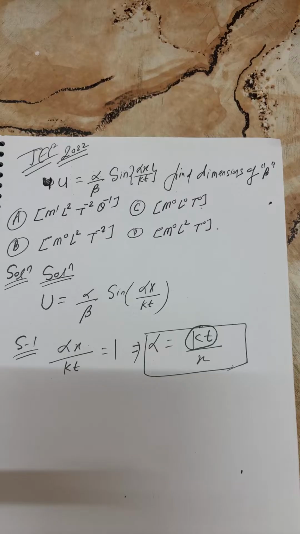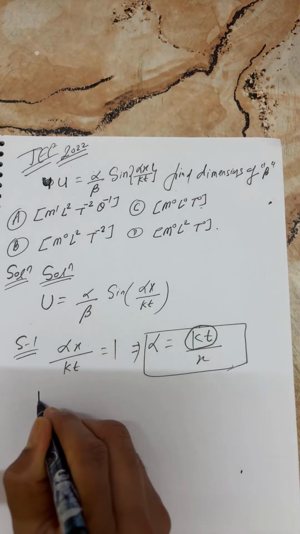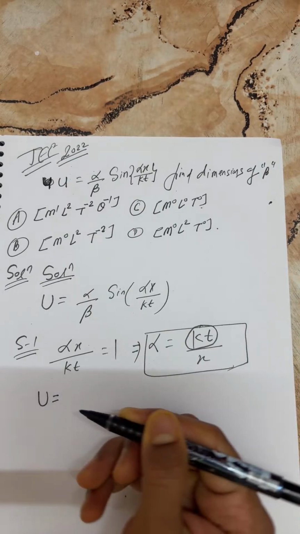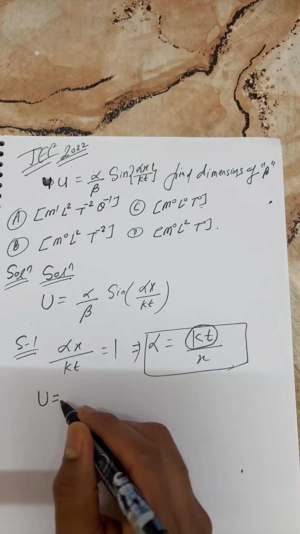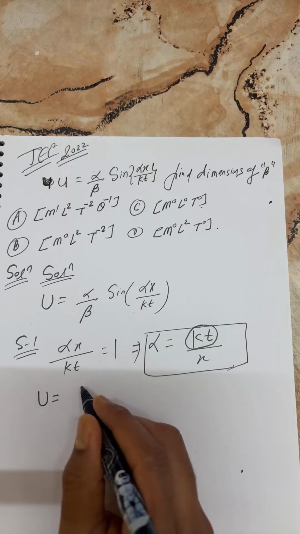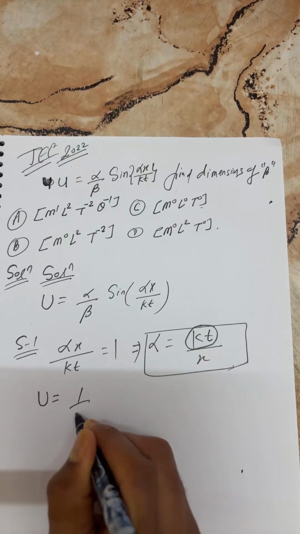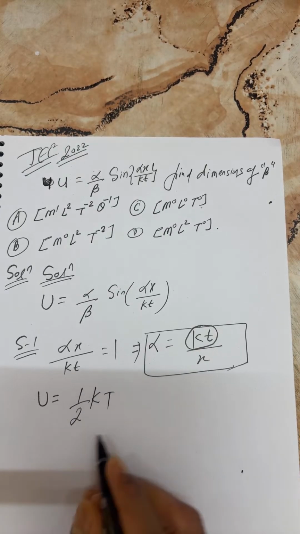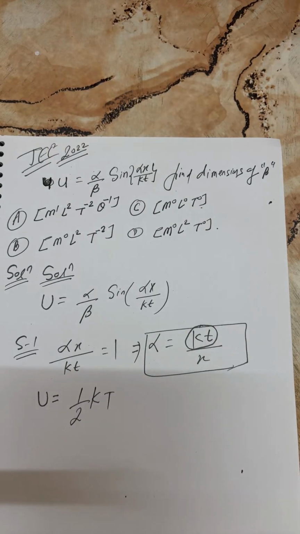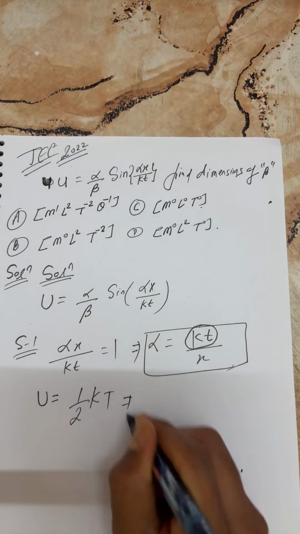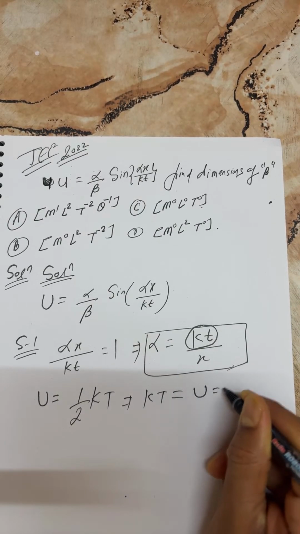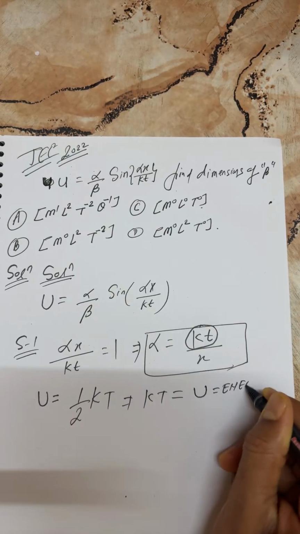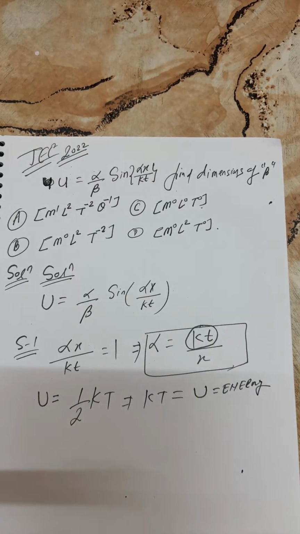According to the law of equipartition, you may remember from 11th class, U is equal to half of kT. Half is dimensionless, so simply you can write k into T. It's basically U, and U is energy.